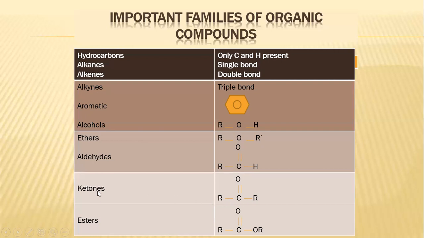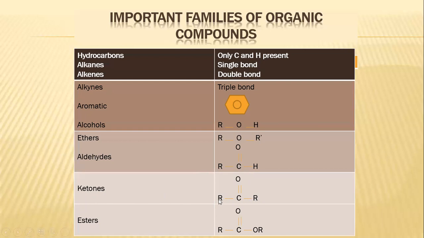At the end you get the suffix ones. See here, these ketones start with a minimum of 3 carbons. R is a carbon group, and here R is another carbon group. Carbon, carbon, carbon: 3 carbons are there. So the smallest ketone will have a minimum of 3 carbons. Acetone is the simplest ketone, CH3COCH3.